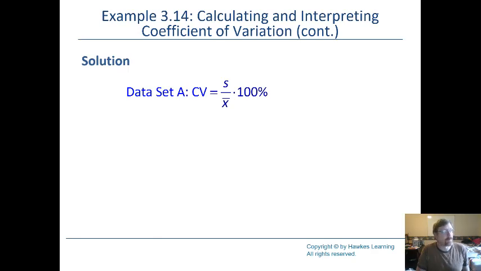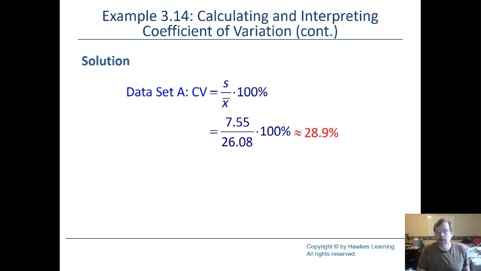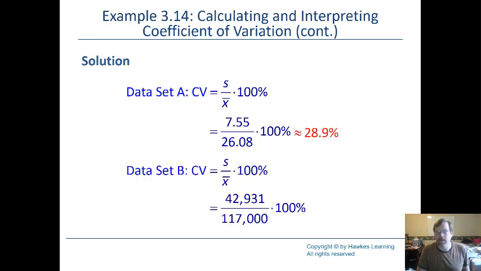Okay, so for the rainfall, we have 28.9% as our coefficient of variation. And for the farmland price, we've got about 36.7%. Sorry. I've got to stop looking at the little inset that shows me what the next slide is when I'm talking.